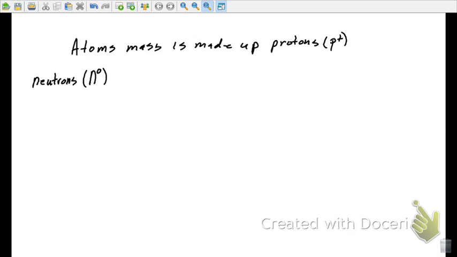Okay, so let's take a look at protons first. Protons have a positive charge, and they're found in the nucleus.